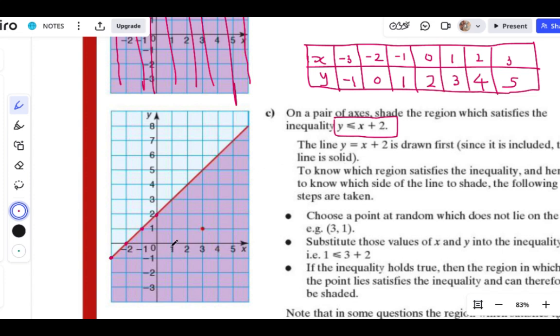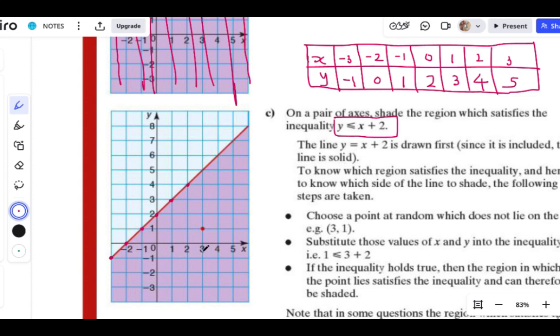Trace 1 on the x-axis, trace it to 3 on the y-axis. This is where they meet. It's a coordinate point, so you put the point there. The next one, x is 2, y is 4. Trace 2 on the x-axis, trace it to 4 on the y-axis. Where they meet, the coordinate point is here.